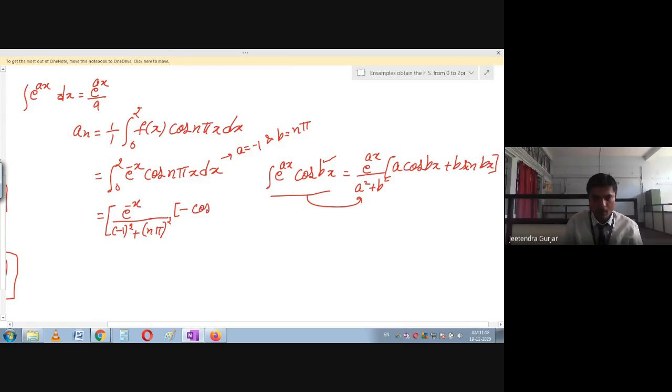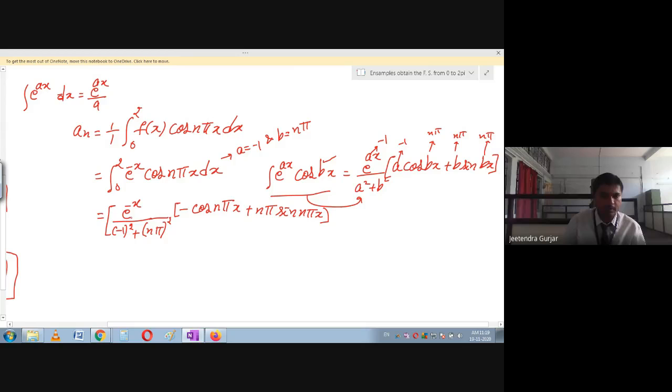This is cos, b is again n pi, so I will substitute n pi x as it is, plus b is n pi, then sine n pi x. So wherever a is there I have substituted minus 1, and wherever b is there I have substituted n pi.